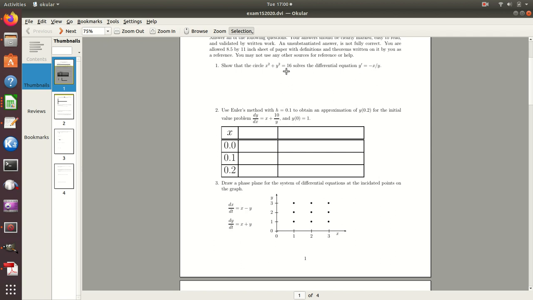And in this case, the easiest way to do that is just use implicit differentiation. So I'd have 2x plus 2y y prime equals 0. If I solve for y prime, you end up getting exactly that differential equation.